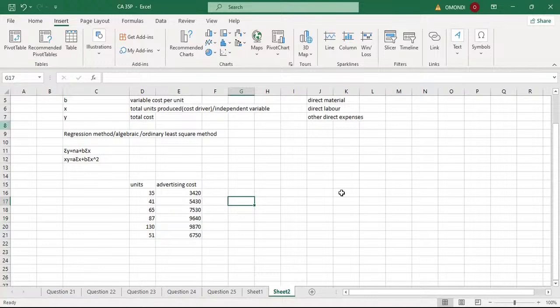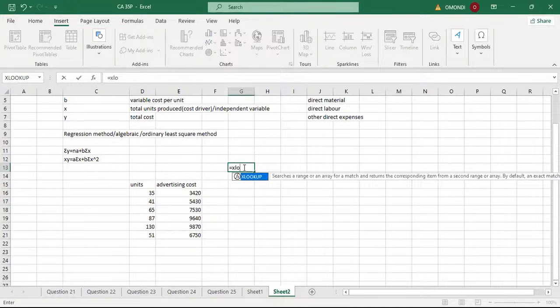Okay, so let me see, have you been able to insert this data into your laptops? Excel depends on the version. In my case, I have the 2021 version. For those who have 2016 or 2013, if you try to look for this function, XLOOKUP, you will not find it in your computer.